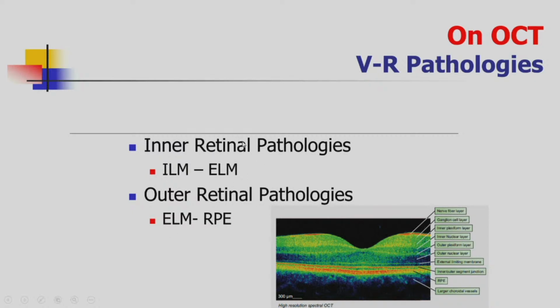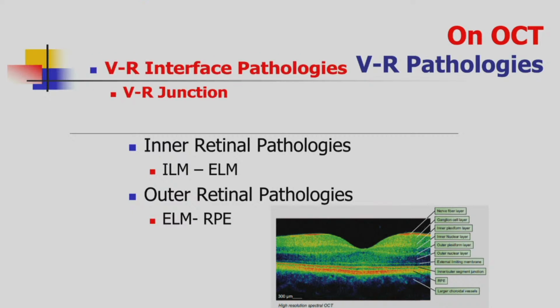With the inner retina, the diabetic pathologies as well as the vascular blocks come in. So once you are reading OCT, do not become a consultant and write, edema plus, and then you will falter. Always focus your eye on whether the outer retina is okay or not, the inner retina is okay or not, and then comes the junction.